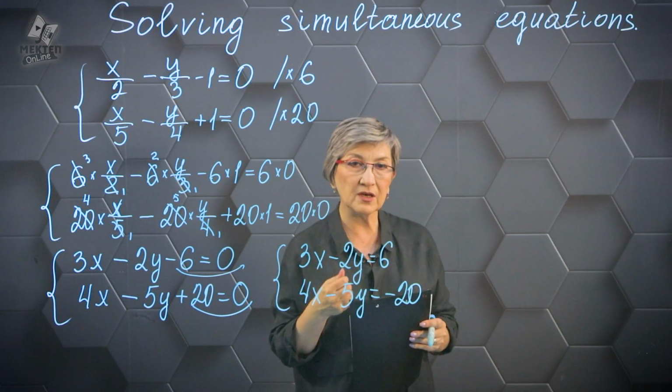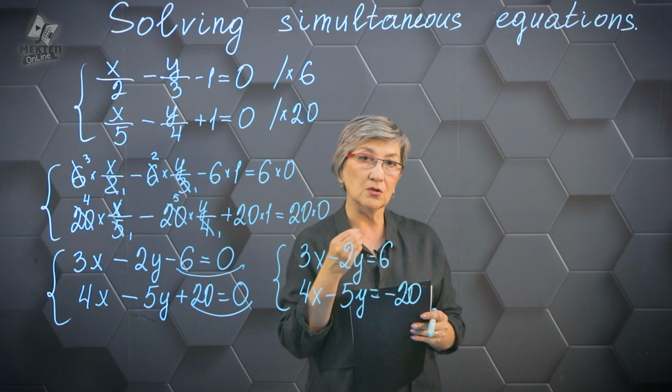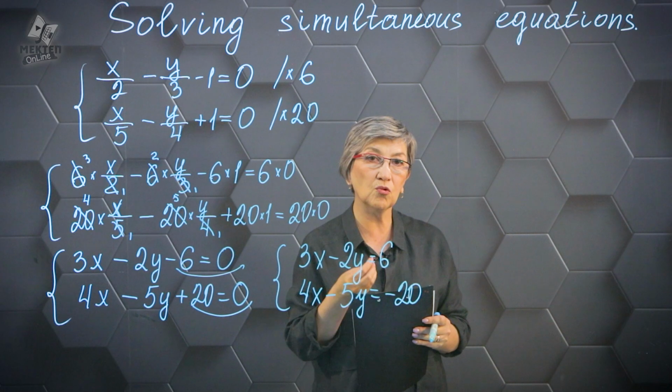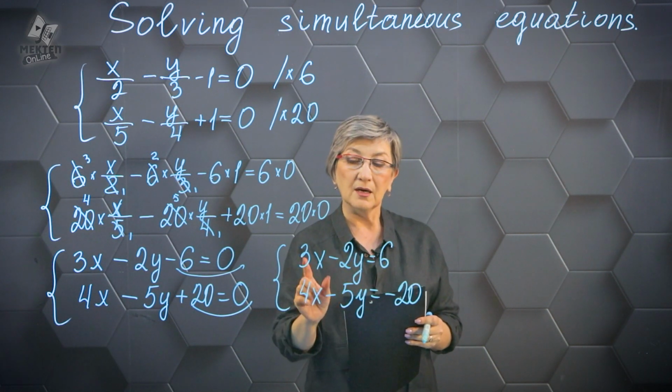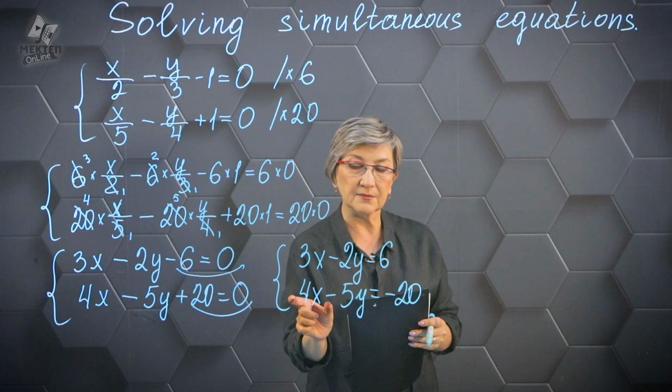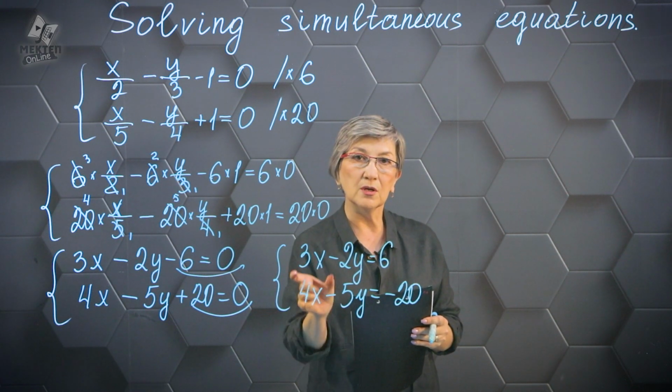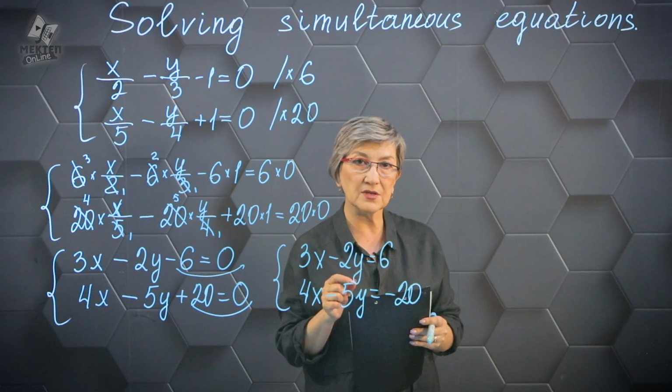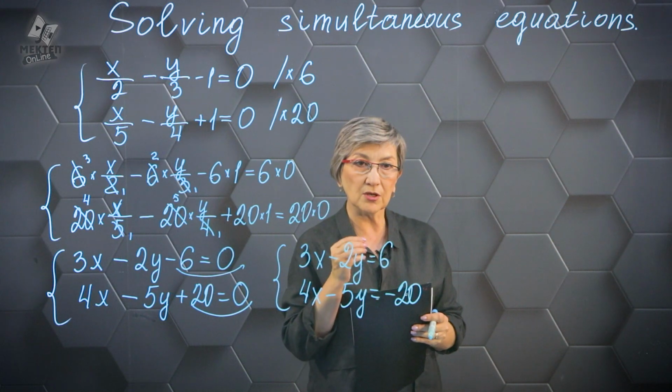We can express one variable in terms of another, but I want to show you another way. Please note 3 times x and 4 times x. I want to equalize these coefficients. What am I aiming to do?